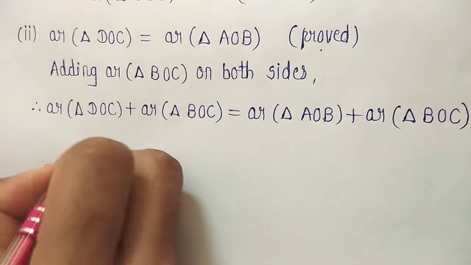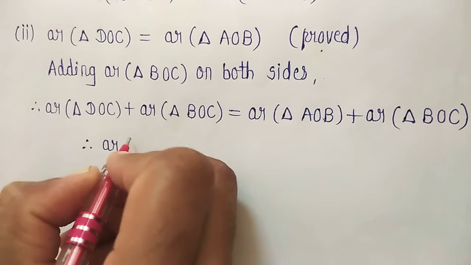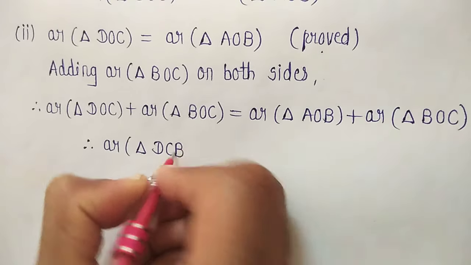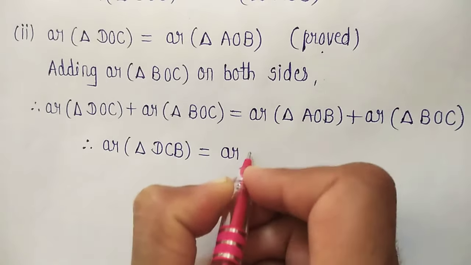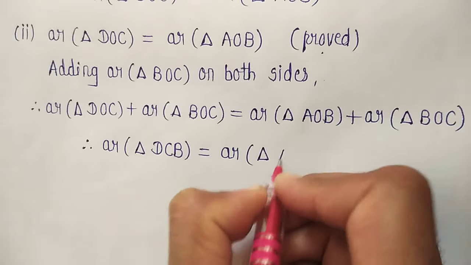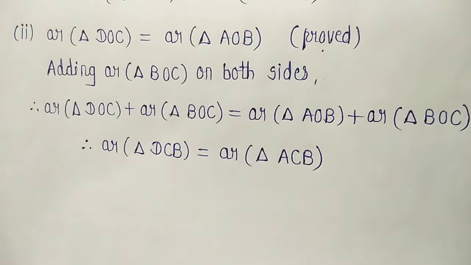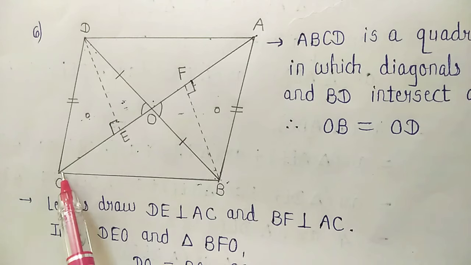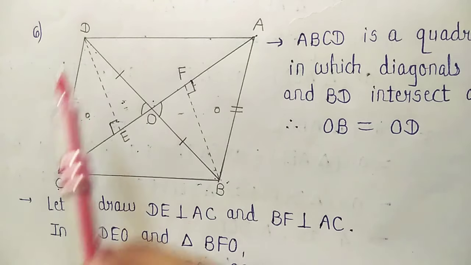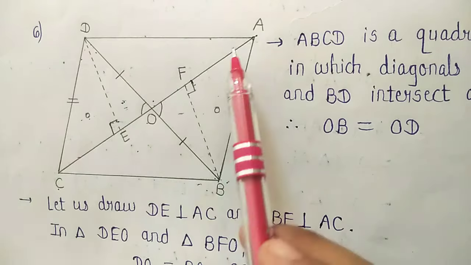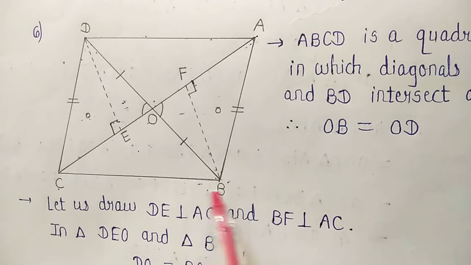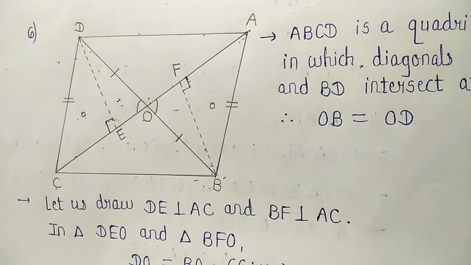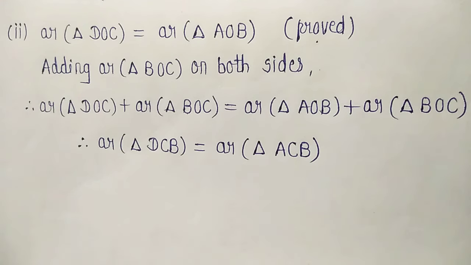And if we add these, we get area of triangle DCB is equal to area of triangle ACB. How? We have triangle DOC. If we add BOC, we get the whole triangle DCB. Same way, we have triangle AOB. If we add triangle BOC to it, we get the whole triangle ACB, right? So we have proved this number 2.